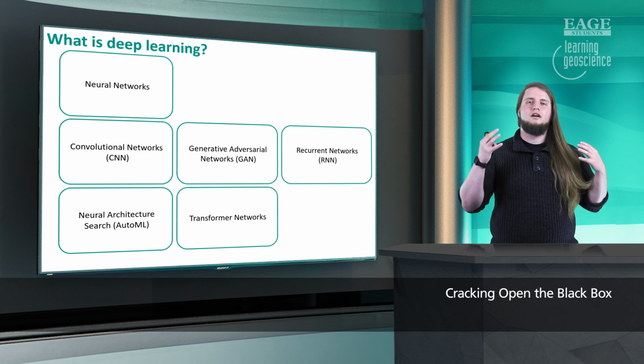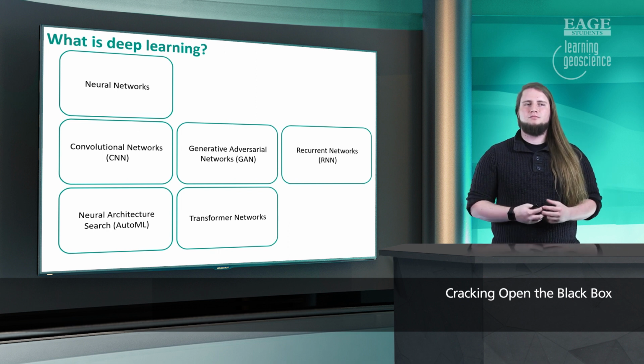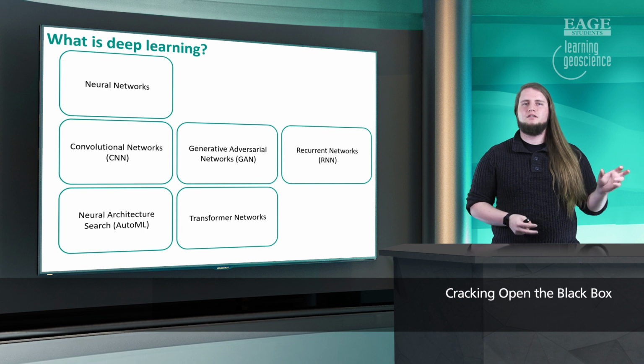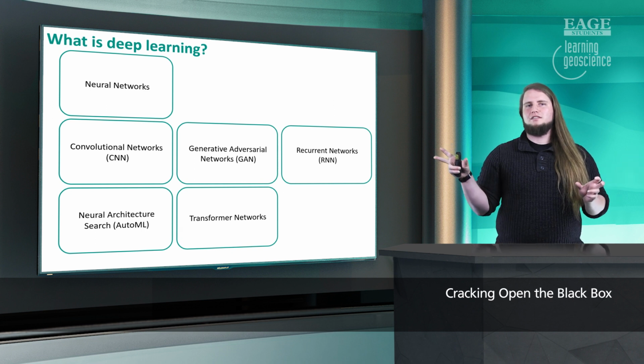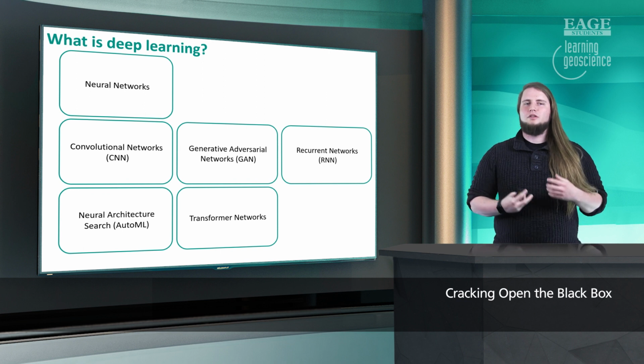Transformer networks are used for translations mostly at the time. So if you have an input sentence in English and want an output sentence in German, then you usually use a transformer network. But this space is moving so fast.